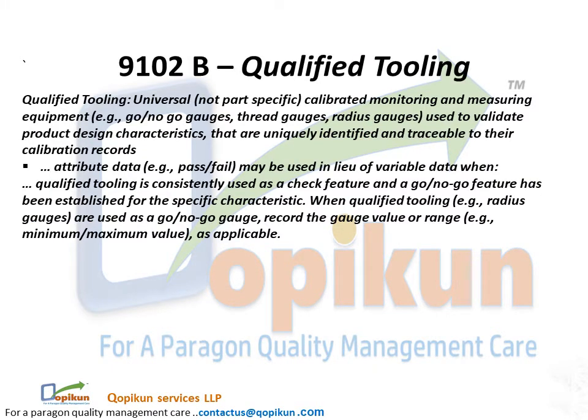9102B, qualified tooling. Qualified tooling is universal, not part-specific, calibrated monitoring and measuring equipment, for example go/no-go gauges, thread gauges, radius gauges, used to validate product design characteristics, that are uniquely identified and traceable to their calibration records.